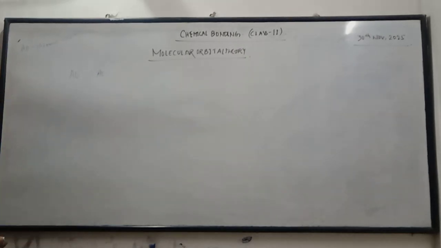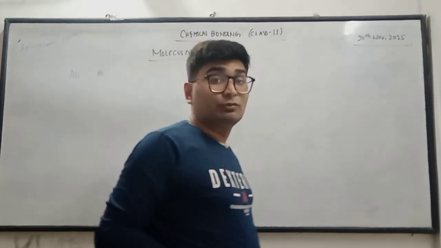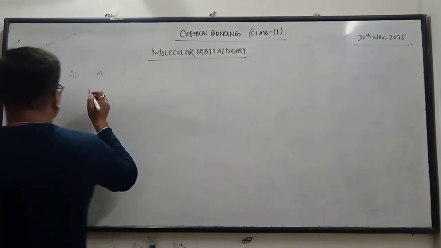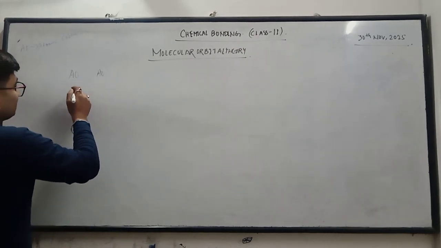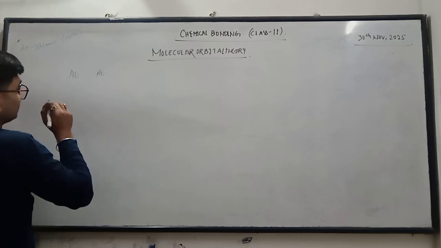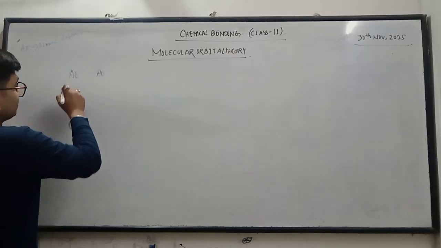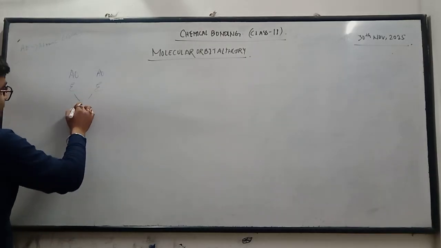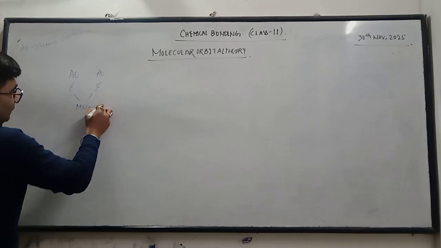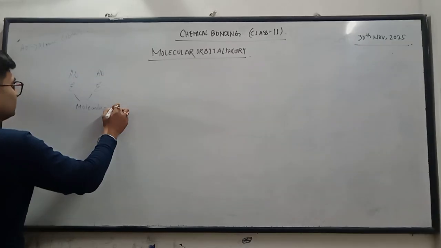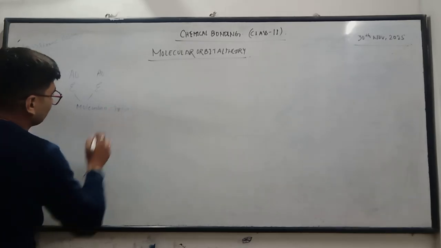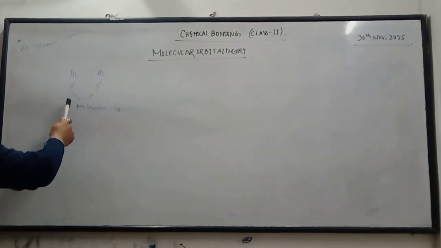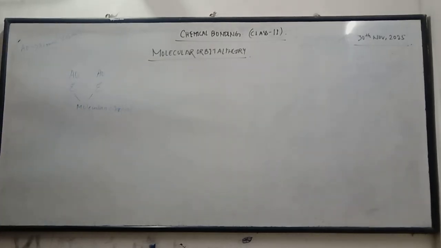We know that every element has its own atomic orbitals, and these atomic orbitals have their own comparable energies. These two energies combine to form a what? A molecular orbital. Two atomic orbitals combine and form a molecular orbital.